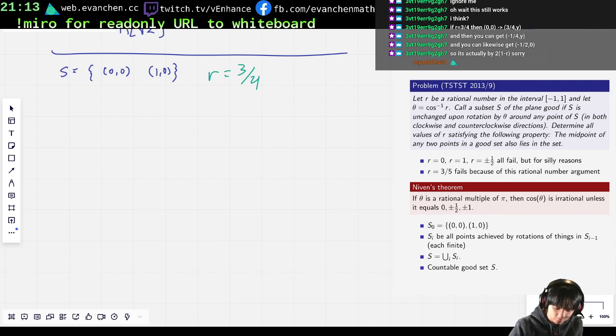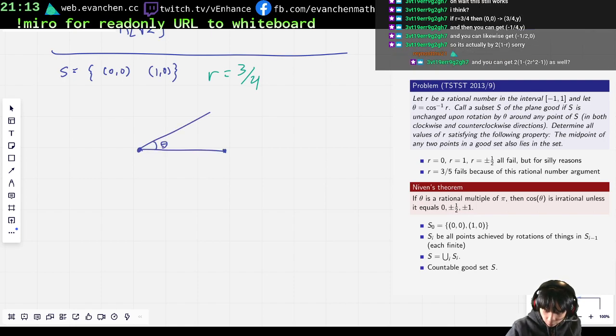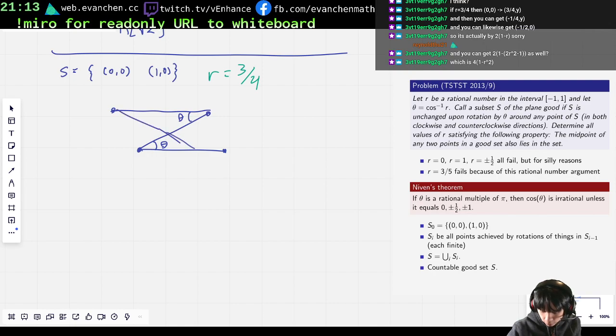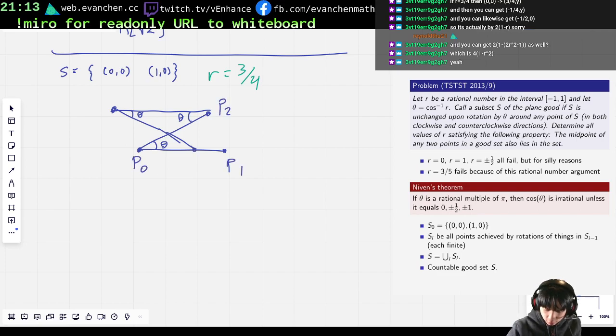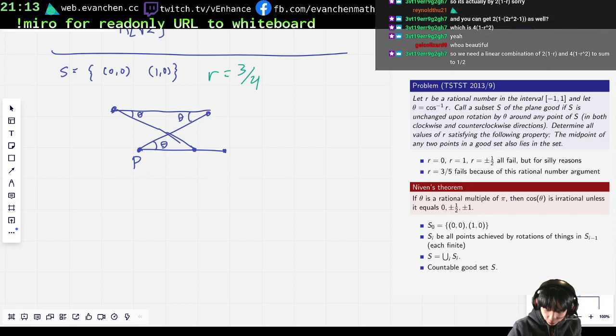Okay, it sounds like geo. So you start from here, and then you rotate once, and then you rotate again. And then you rotate again. Something like that. Let me put these in a different color.